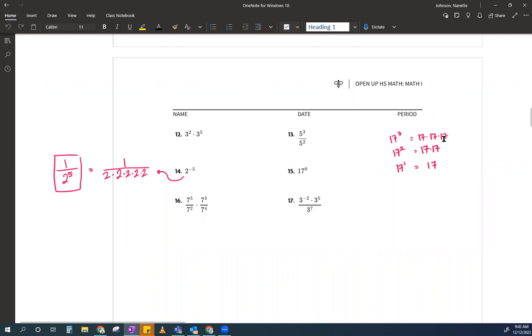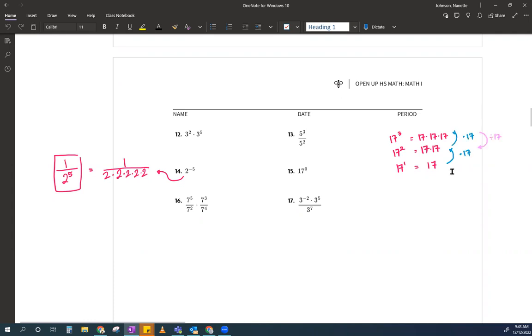If you look going up, as we travel up this way, we're just multiplying by 17, right? But if I travel down, I'm just dividing by 17. That's why it's important to understand the inverse relationship between multiplication and division.